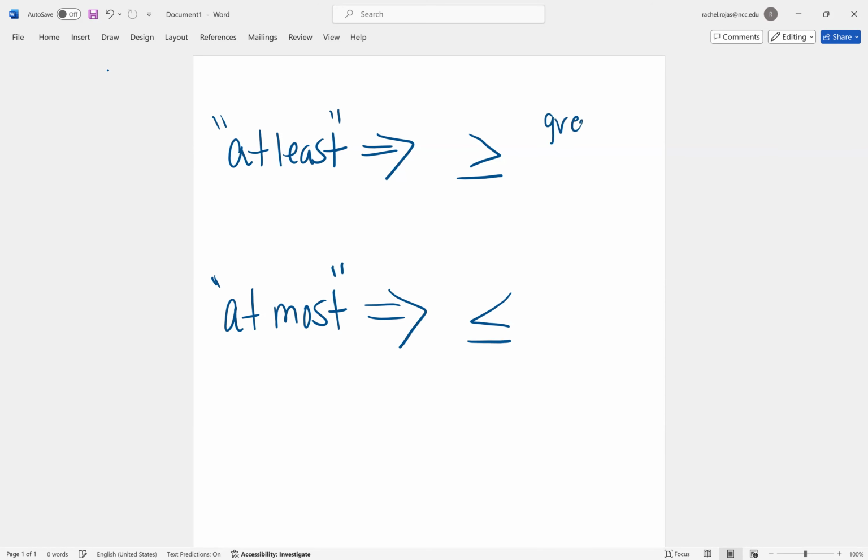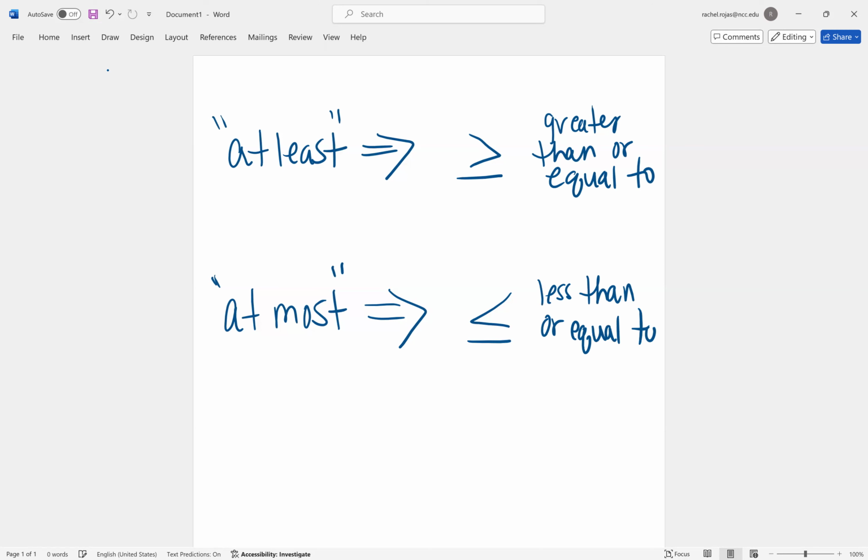So this is greater than or equal to for at least, and at most is less than or equal to. Just make sure you know the difference between the two.